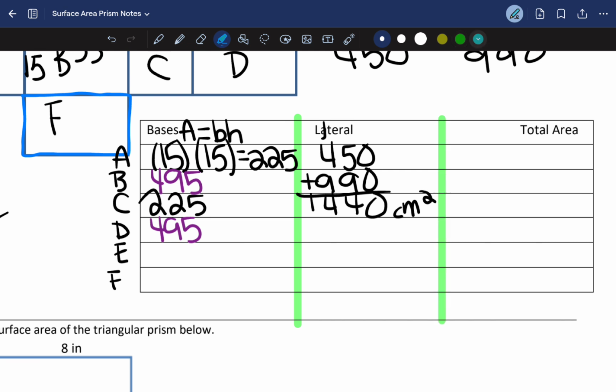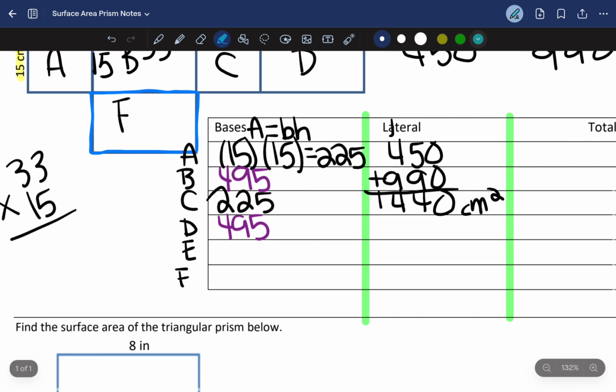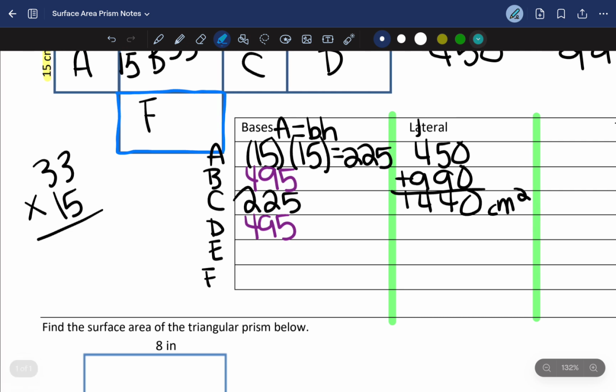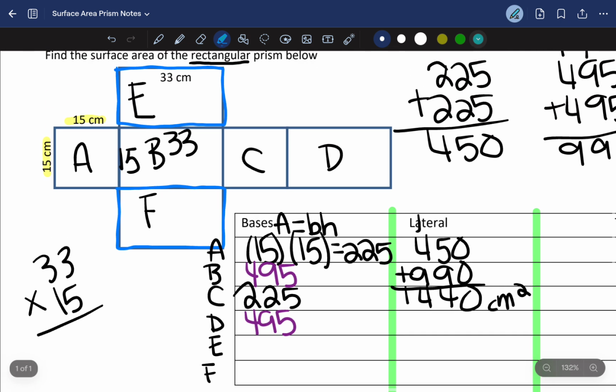Now I'm going to find the total surface area. So that means I have to go back and I'm going to use this number from lateral surface area, but I have to find the area of my bases. So I know that I have this measurement of 33 centimeters that I can use for E and F, because like I said, if it's 33 centimeters up here, it's 33 centimeters all the way down.